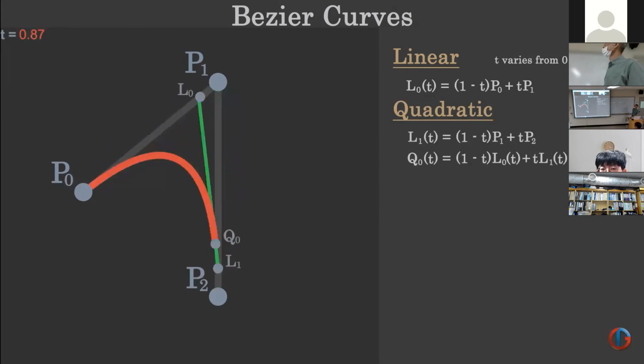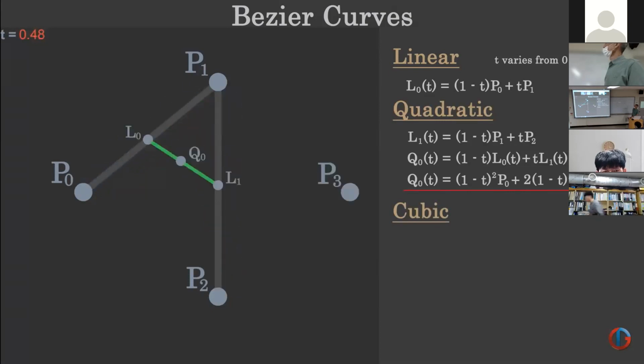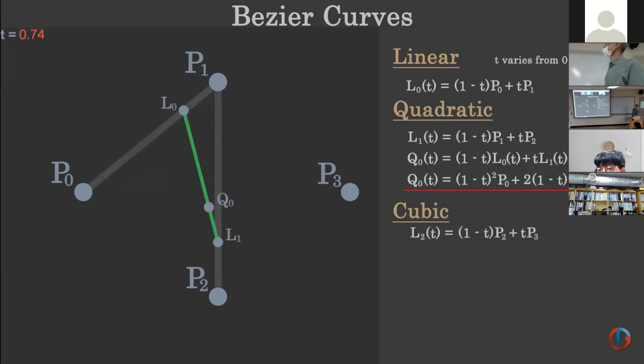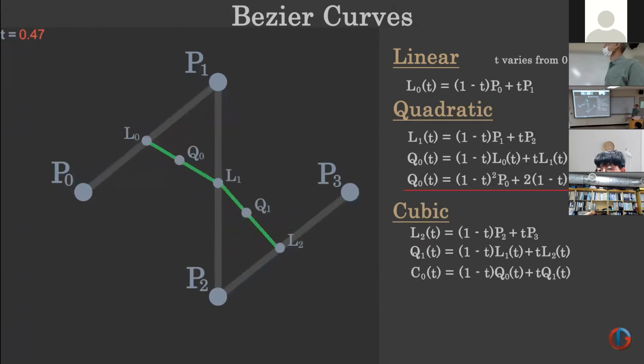This function can also be rewritten into this form. This is what is known as a quadratic Bezier curve. For a cubic Bezier curve, we need to add another control point, P3. We do a linear interpolation between P2 and P3. We call it L2. We do another interpolation between L1 and L2. And finally, we interpolate between Q0 and Q1.